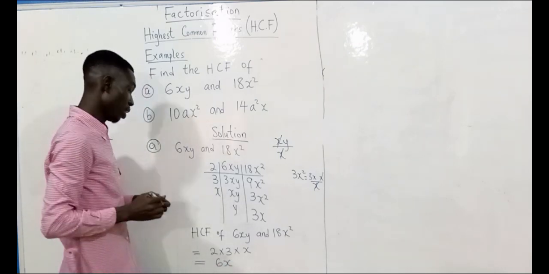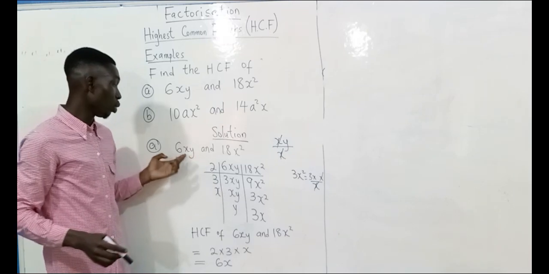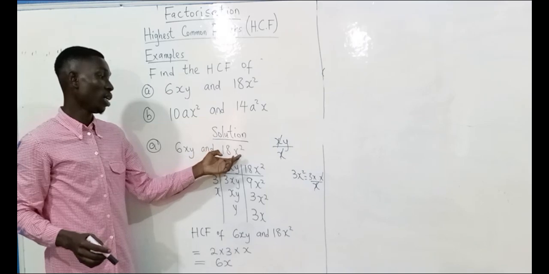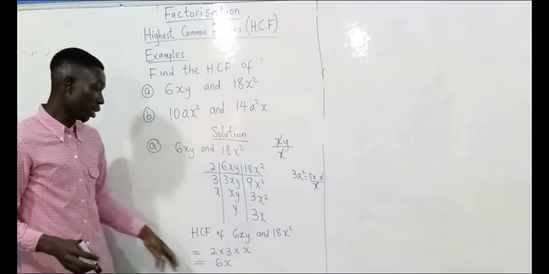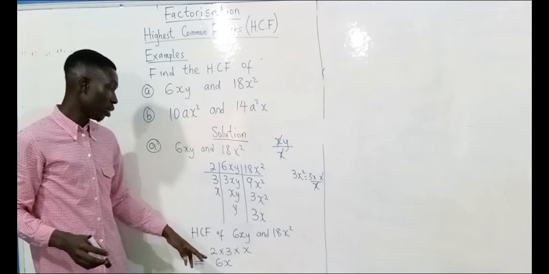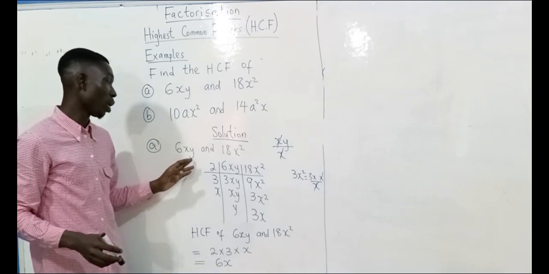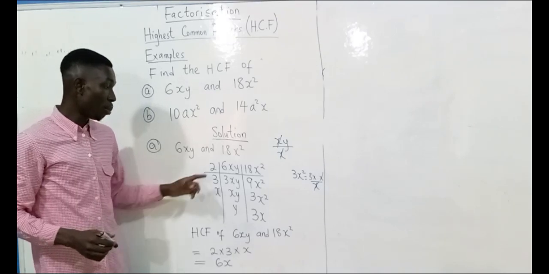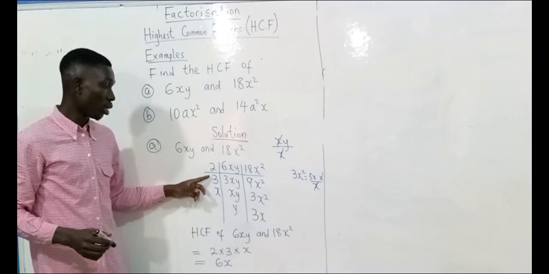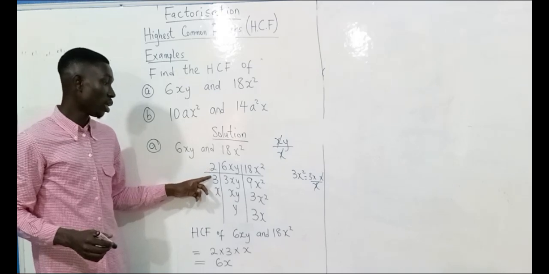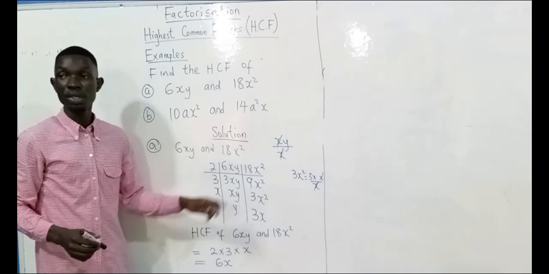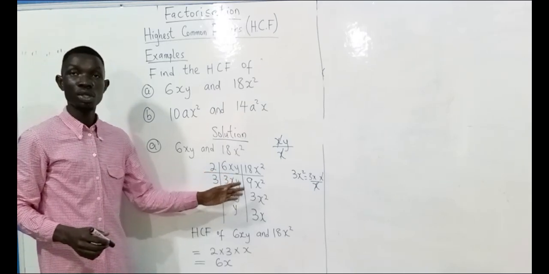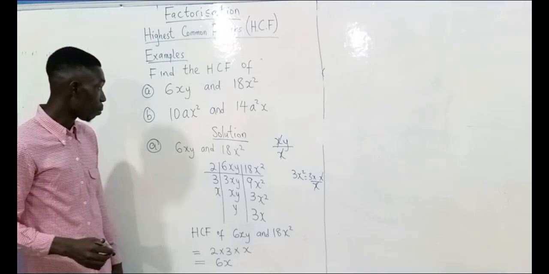So 6x is the highest common factor between 6xy and 18x squared. Remember again, it is the highest term that can divide 6xy and 18x squared. Remember, we are using factors which can go into the two terms at the same time.